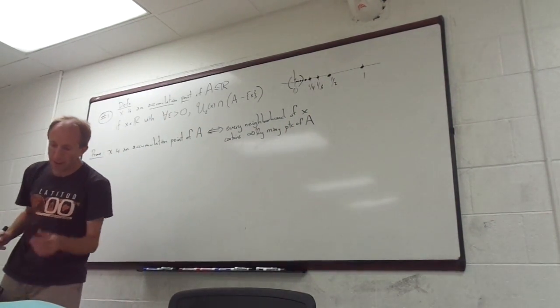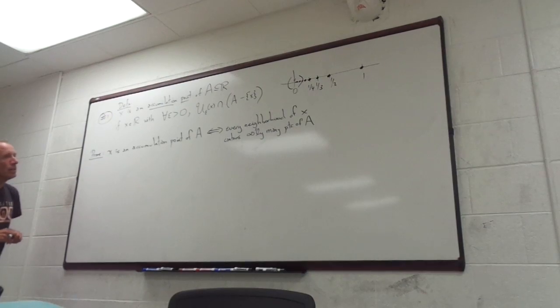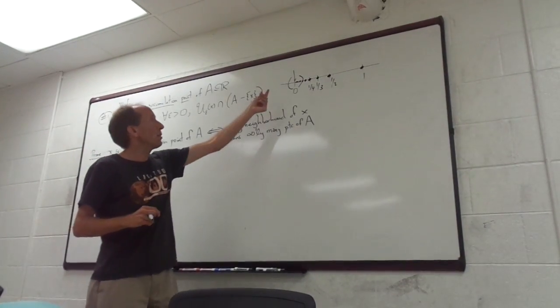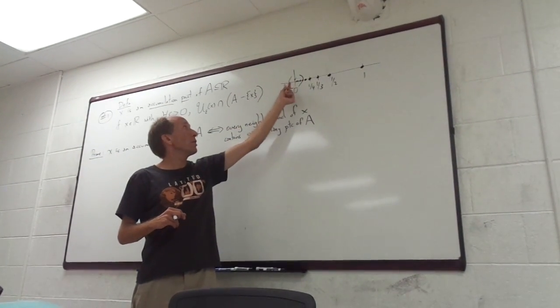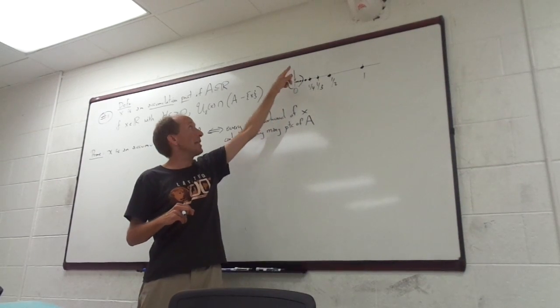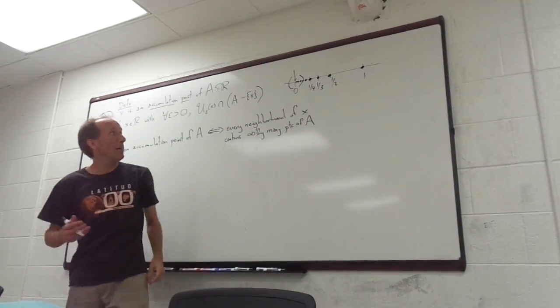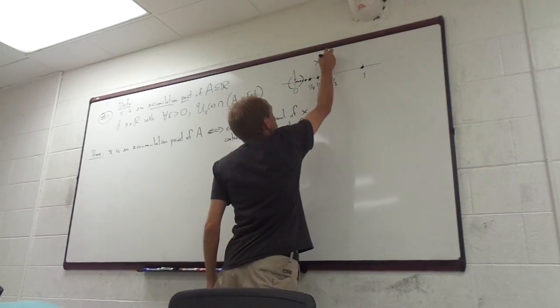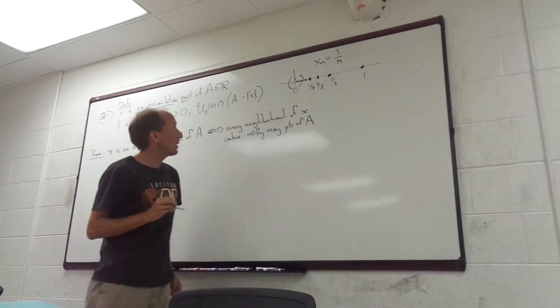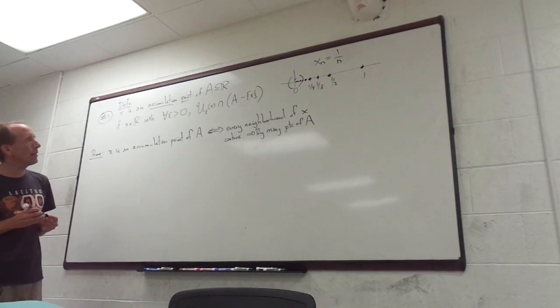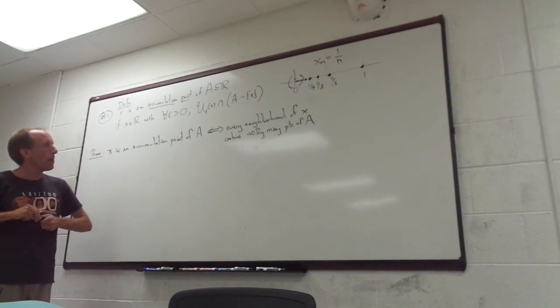So we're going to prove this is an if and only if. So kind of makes sense if you look at this example. Every neighborhood of 0 contains infinitely many terms of the sequence 1 over n. Right? So this is the sequence 1 over n here. Okay? So I think that seems reasonable.